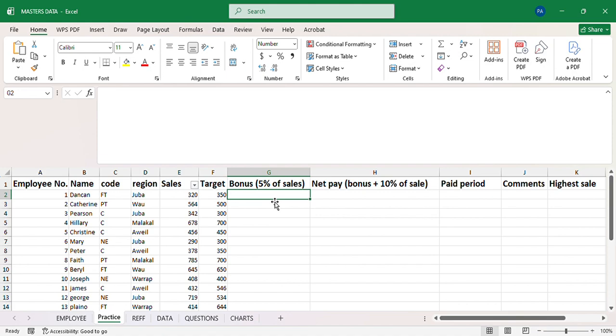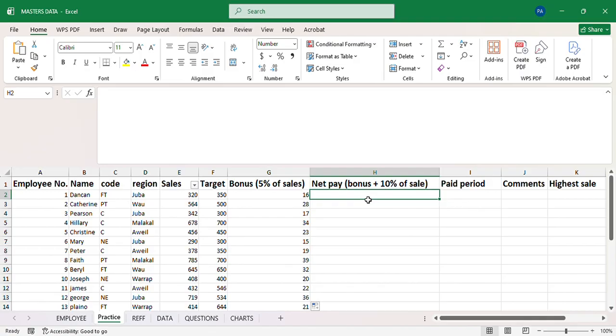To calculate the bonus of 5% of the sale that has been done, we are going to say equal sign, and then 5% multiplied by sale, because we want to calculate the 5% of the sale that has been done by each person, and then equal sign. You can see that this person has calculated 16 out of the total sale. This is the 5%. So you can double tap, and then you have the entire output.